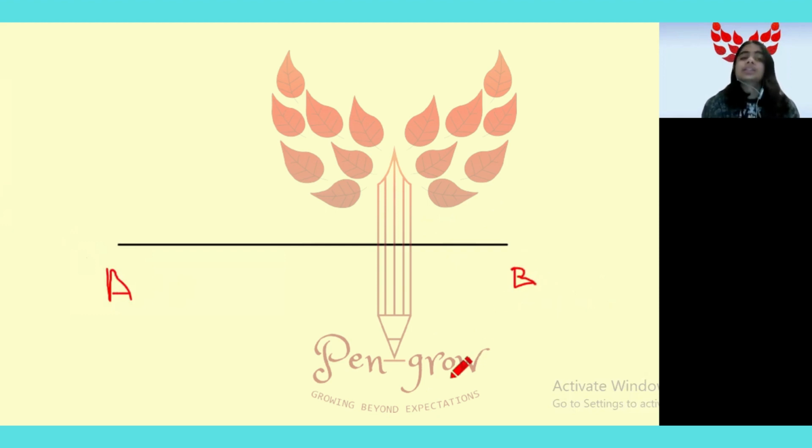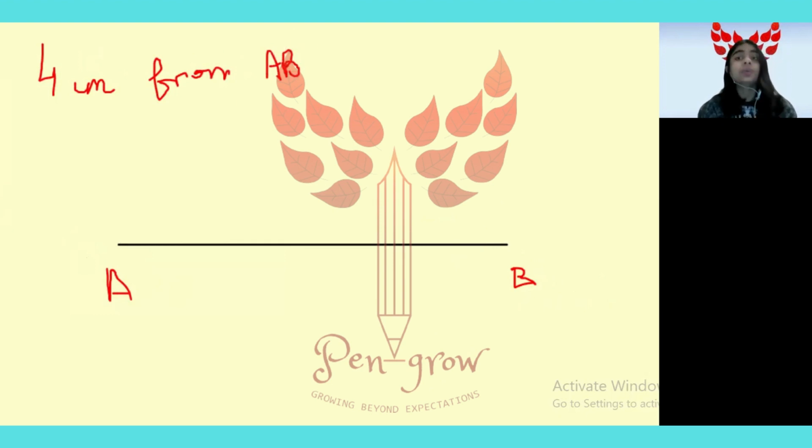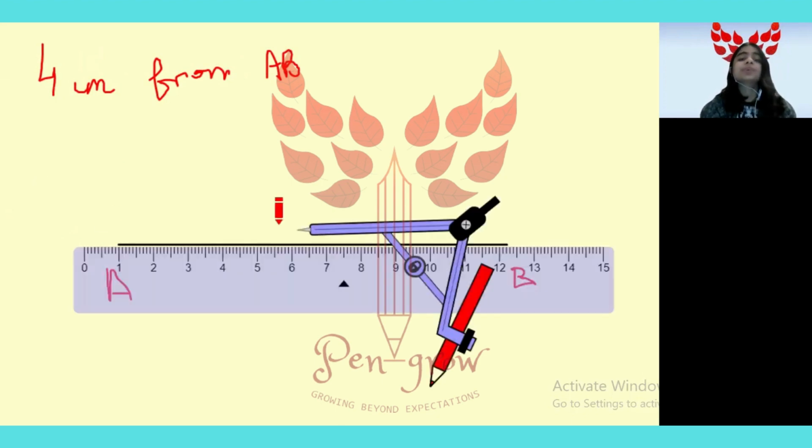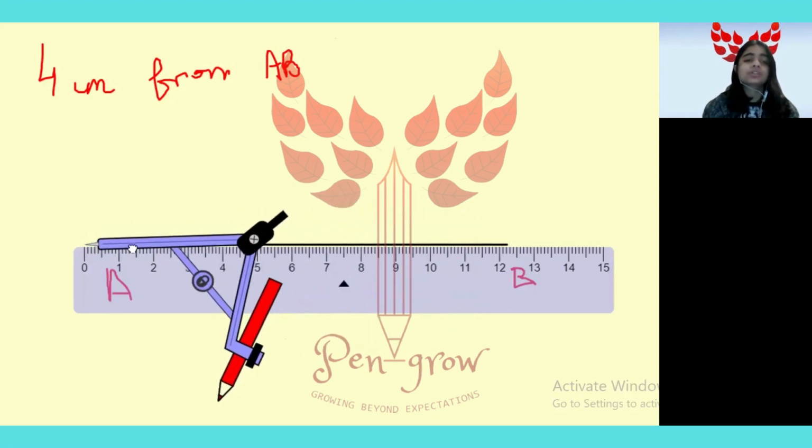And let's say it says 4 centimeter, a locus 4 centimeter from AB, right? So the distance of that locus should be 4 centimeter from AB. So in that case, how do we actually do it? We will take our ruler and we'll take the compass. The distance has to be 4 centimeter, right? So the distance has to be 4 centimeter.